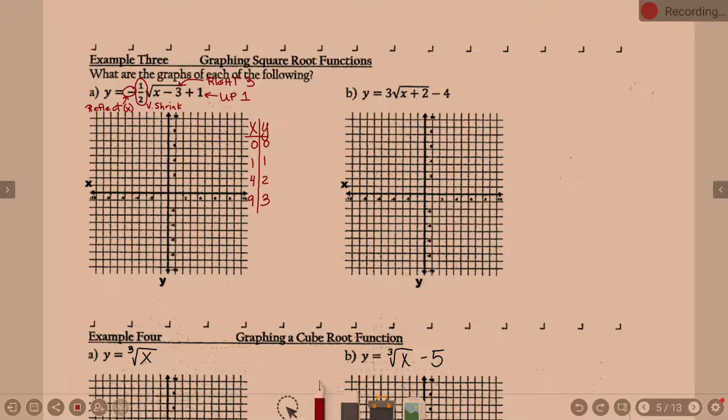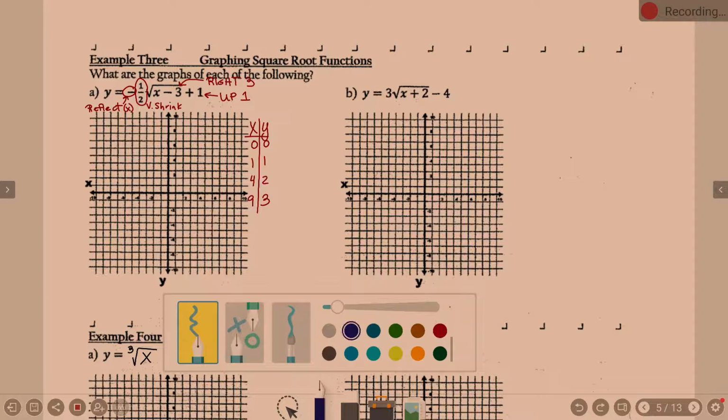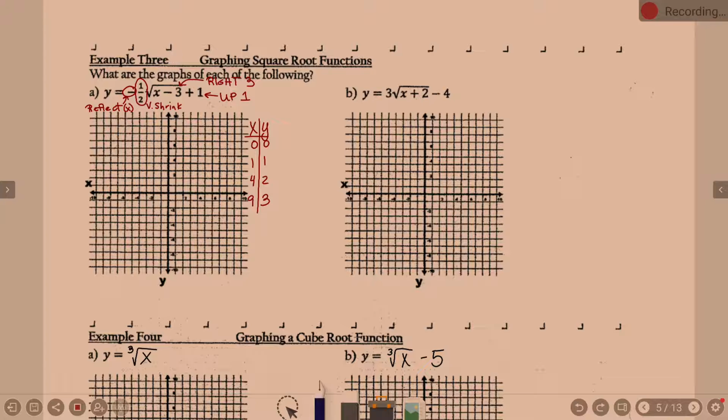What do we need to do to represent our reflection and our shrink? Well, we're going to shrink by 1/2, and we're going to reflect, which can be also multiplying by a negative. So what I suggest we do is we take each of our y values and multiply by negative 1/2.